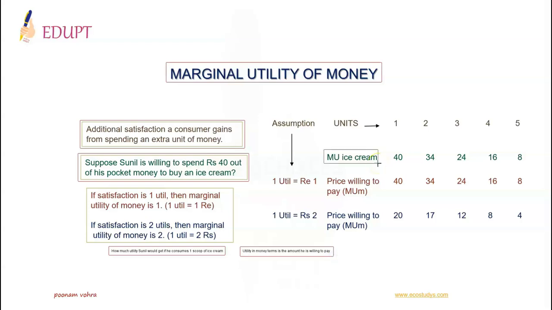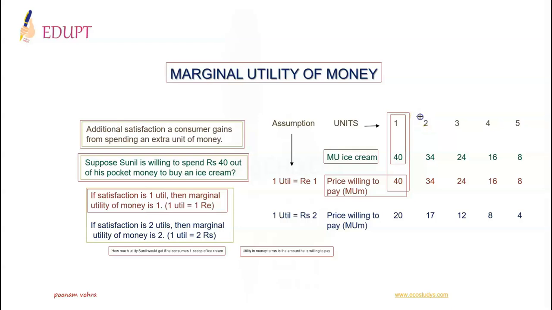If marginal utility of consuming one scoop of ice cream is 40 utils, with the assumption that 1 util is equal to 1 rupee, then it means Sunil is willing to pay rupees 40 for one scoop of ice cream.